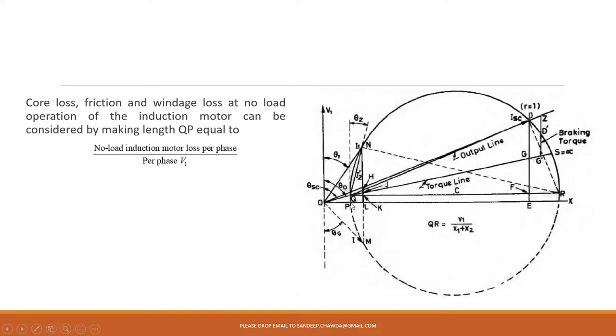See, in this diagram what we have done is just changed the notation. Instead of Q dash Q, just P is there. The remaining thing is the same and a few more things are added in this circle diagram. So when you are including the core loss, friction and windage loss at no load operation of the induction motor, you need to make this QP length equal to the no load induction motor loss per phase divided by the per phase voltage V1.